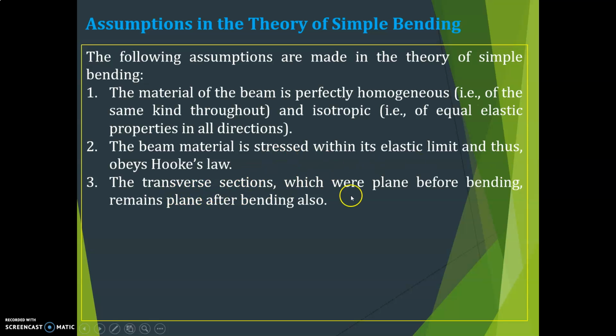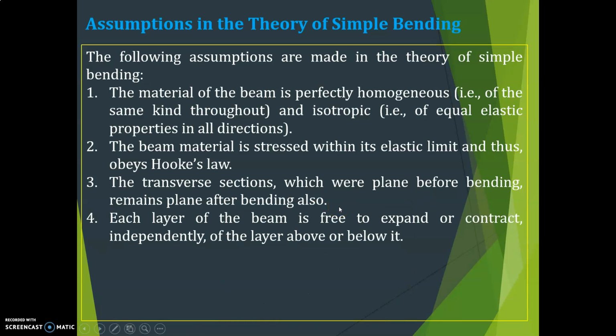Then, the transverse sections which were plane before bending remain plane after bending also. This is the third assumption. The next assumption is that each layer of the beam is free to expand or contract independently of the layer above or below it.